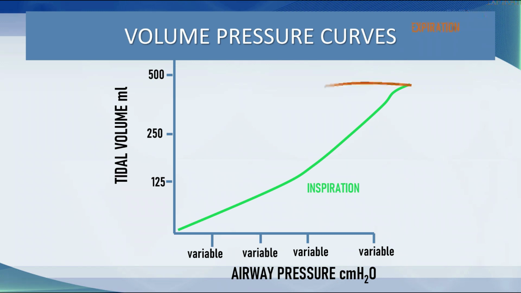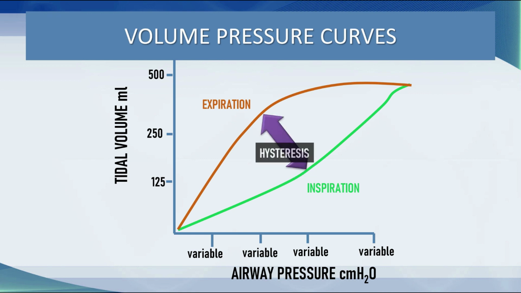When the patient exhales, the lung volume is slightly higher per unit airway pressure in exhalation, and this is a process known as hysteresis. Although lots of people talk about hysteresis, and it's in all of the textbooks and everyone makes a big deal about this as a concept, I find it of minimal clinical relevance.